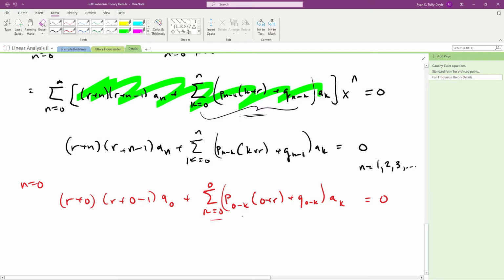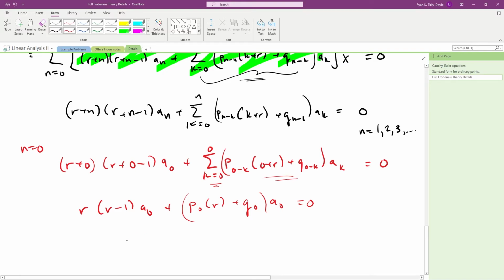But a sum from 0 to 0 of this just means plug in the number 0 and see what comes out. So we get r(r - 1) a_0 plus, well, replace all the k's with 0, and what you end up with is p_0 r plus q_0 times a_0 is equal to 0.